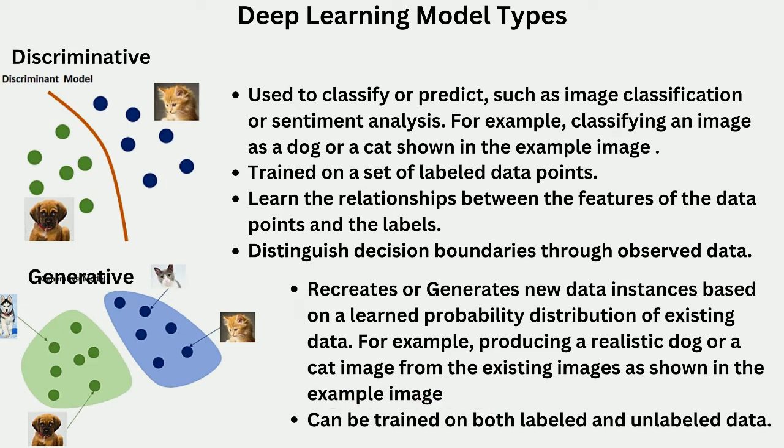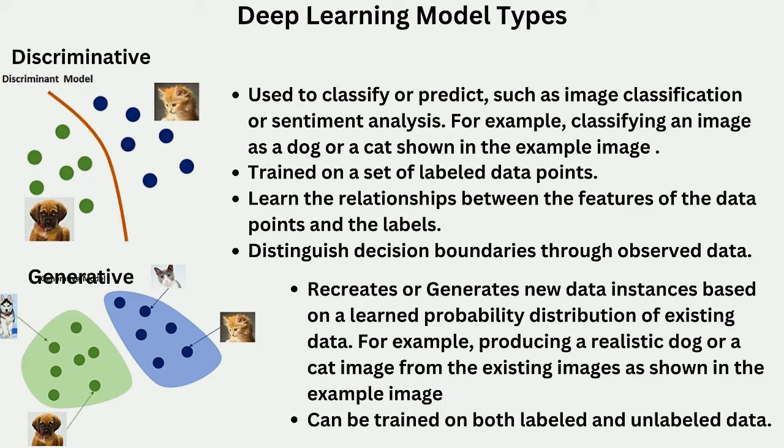For example, classifying an image as a dog or a cat, as shown in the given example, is a type of discriminative model. Next comes a generative model. A generative model generates or recreates new data instances based on a learned probability distribution of existing data.